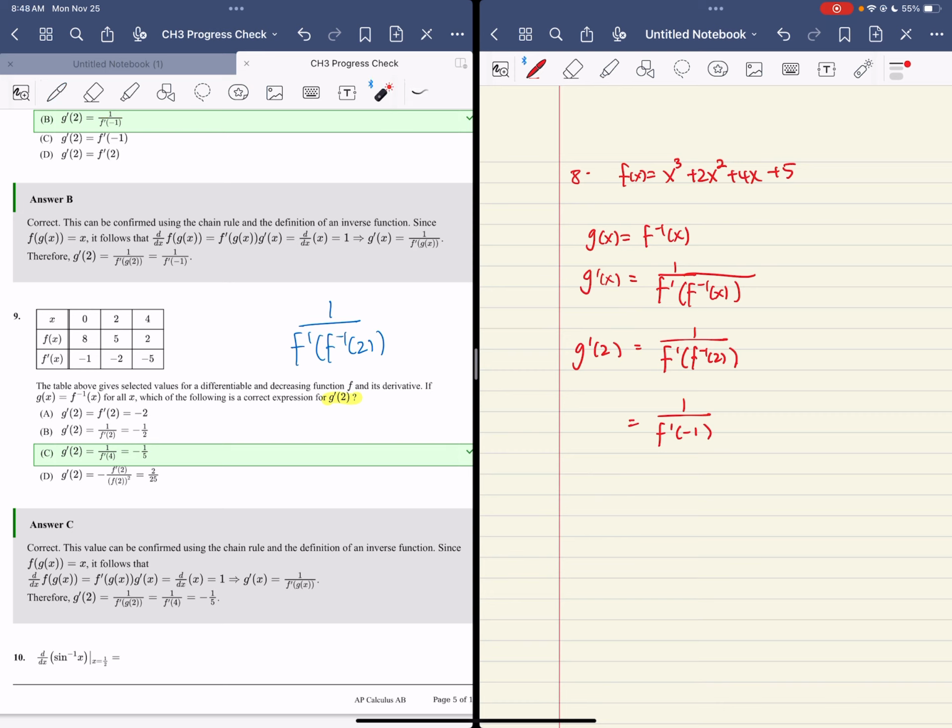So f inverse of 2 is, you got to find this 2 from here. So that's going to be 4. So it's going to be 1 over f prime of 4. And f prime of 4 is going to be -5. So it's 1 over -5. So it's going to be C.